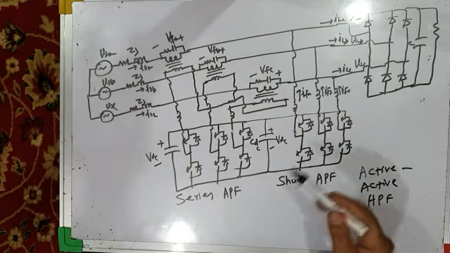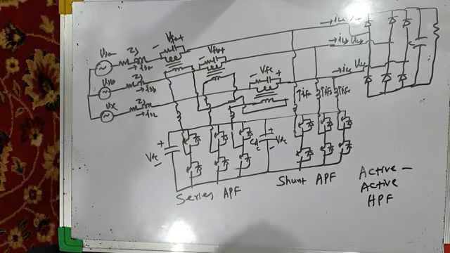So therefore, with these different combinations, we have different varieties of hybrid power filters, and these hybrid power filters provide almost full compensation, harmonics compensation in load voltage, load current, source voltage, and they also result in reduced cost of converters or shunt active power filters, reduce rating, reduce size, and reduce cost, and also reduce losses.